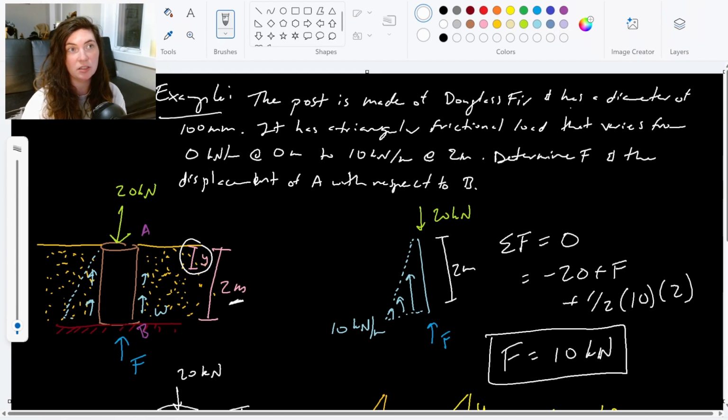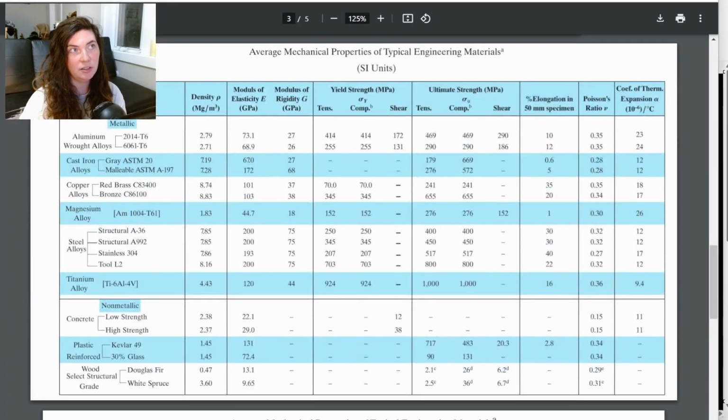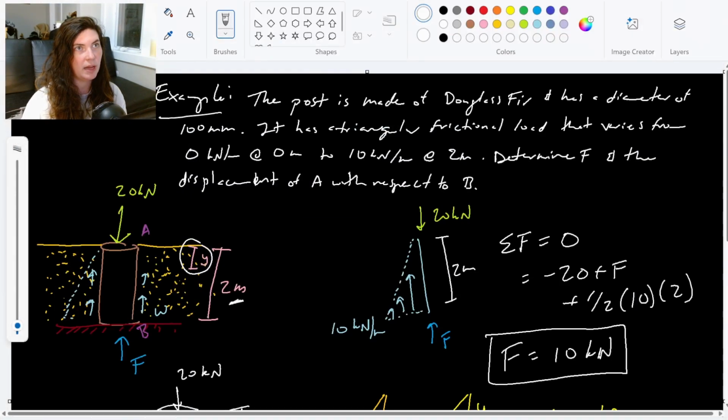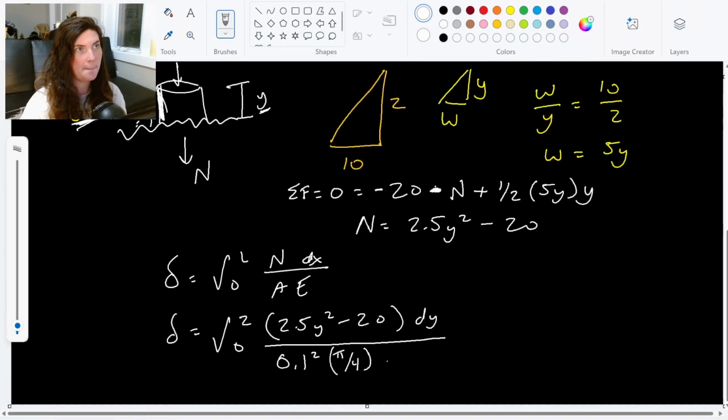So let me pop open my table, see if it's in here. Modulus of elasticity, material, wood. Here we go at the very bottom: wood, structural grade, Douglas fir. Modulus of elasticity is 13.1 gigapascals. Awesome. So I've got that: 13.1 times 10 to the 9th pascals.